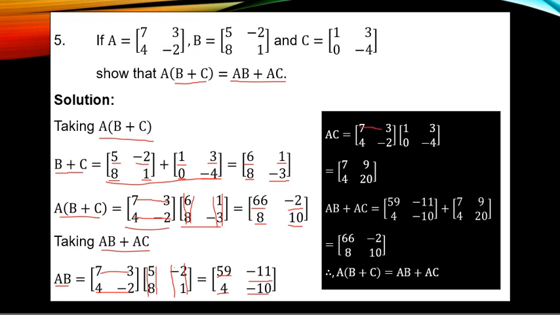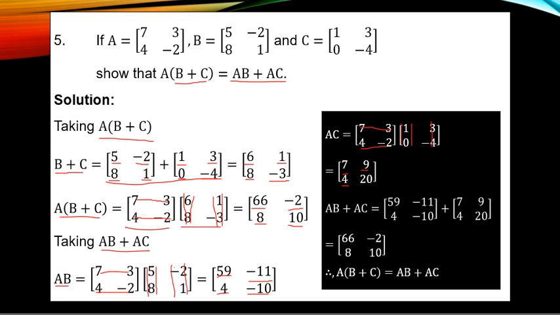You take the first row times the first column, you have the first entry, that is 7. The same first row times second column, you have the second entry, that is 9. Then you move to the second row times first column, you have the first entry of the second row as 4.